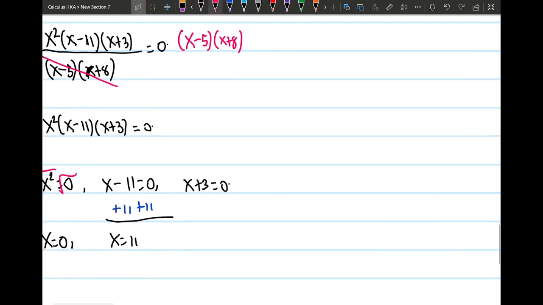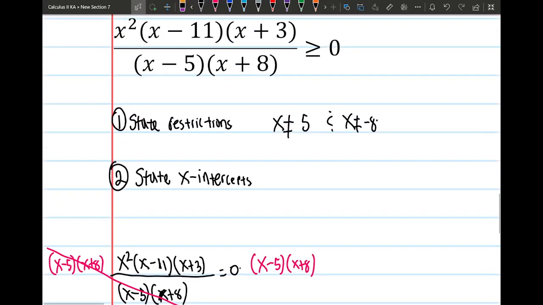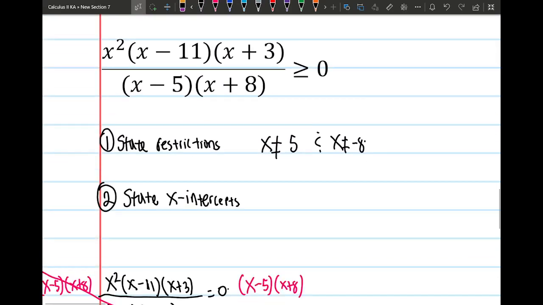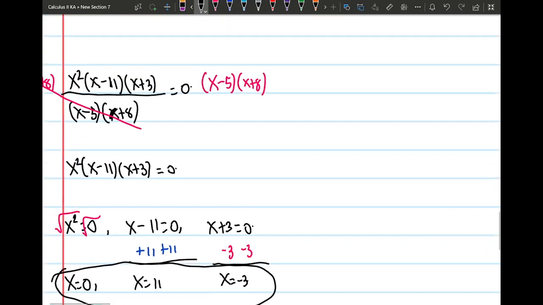And then do minus 3 on both sides here, and we get that x equals -3. Now, since these are my x-intercepts, we know that these will be included in the interval at which it's greater than or equal to 0. So we're definitely going to include those.